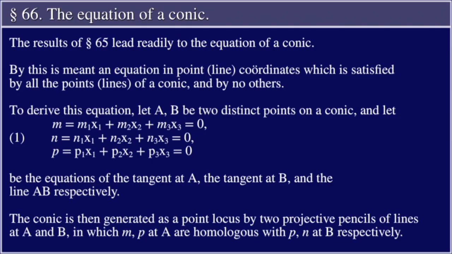The results of Section 65 lead readily to the equation of a conic. By this is meant an equation in point or line coordinates which is satisfied by all the points or lines of a conic, and by no others.